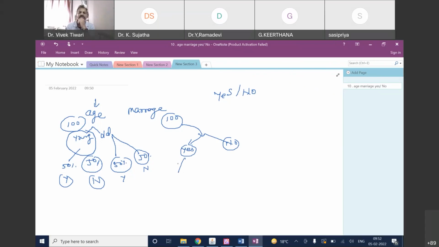Among the married persons, 80% are invested and 20% are not invested. Similarly, among the unmarried, 25% are invested and 75% are not invested. Okay.